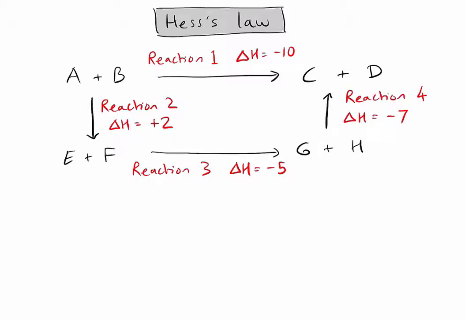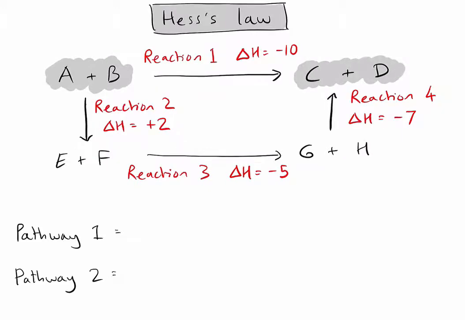Let's now consider the two possible pathways to get from A and B across to C and D. So, the first possible pathway is to go directly from A and B to C and D via reaction 1 in yellow. And the total enthalpy change in this reaction is -10, as indicated in the diagram.